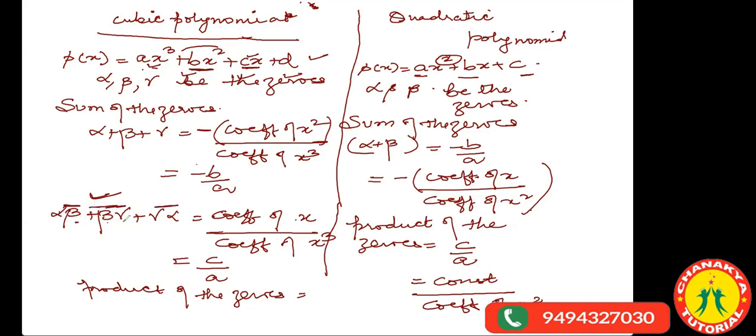Then the product of the zeros means alpha, beta and gamma. The last coefficient is d only. And see, first we have taken the minus sign, then plus, now the minus sign will come. So minus d by a, or you can write constant term upon coefficient of x cube, and the minus sign will come. Clear, beta?